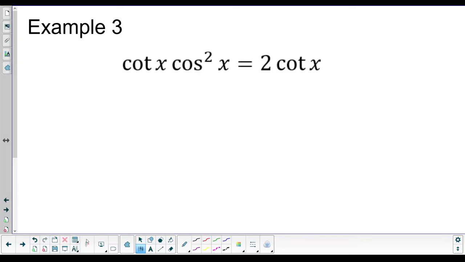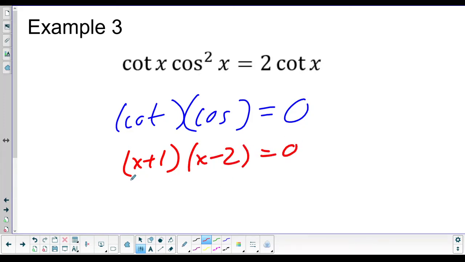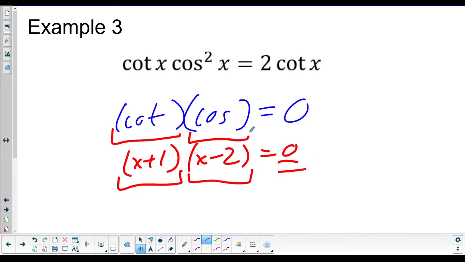Or you're going to try and separate them into separate terms, meaning like you've got your cotangents here and you've got your cosines here. And then we want them to equal 0. So just like you have x plus 1, x minus 2 equals 0, you set this factor equal to 0, this factor equal to 0. You could do the same thing with these as long as we split them up. And this is actually the method we're going to shoot for in this problem.